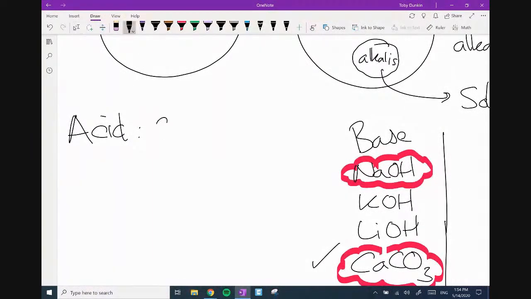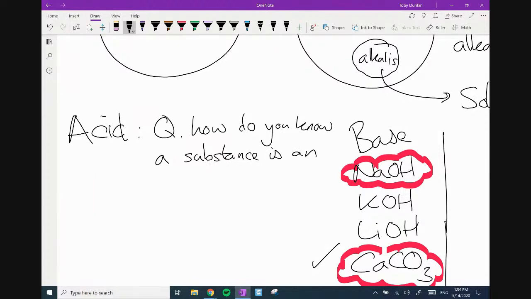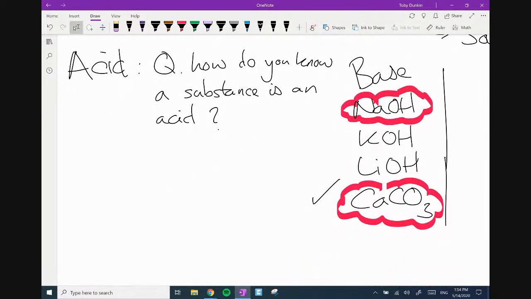Question. The answer is it reacts with a base.